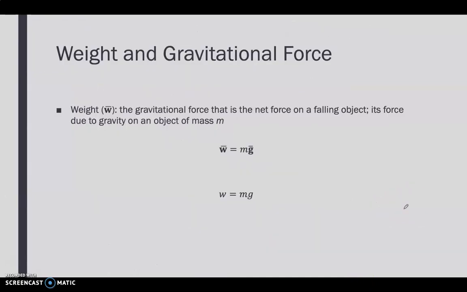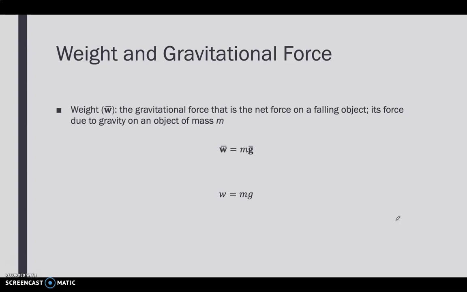With that, we need to understand weight and gravitational force. Let me back up a second. Weight is the gravitational force that is the net force on a falling object, or its force due to gravity on an object of mass m.